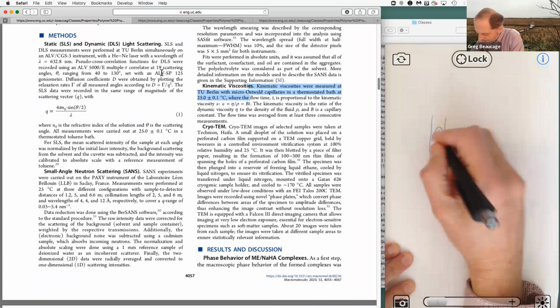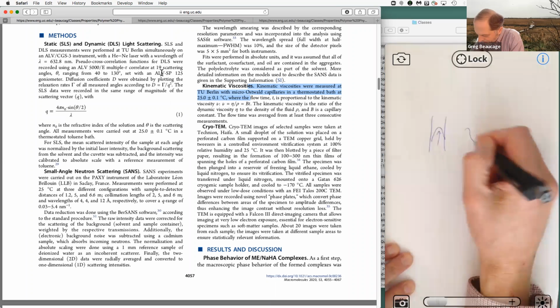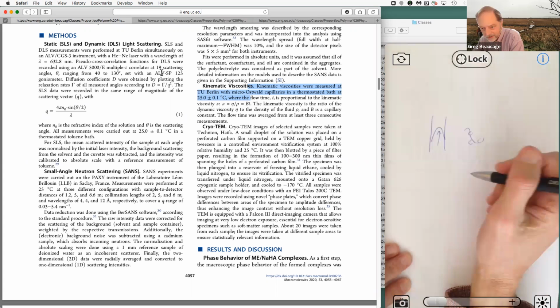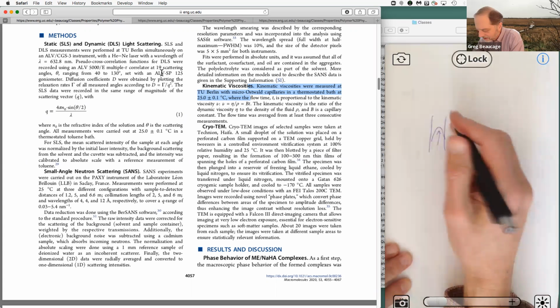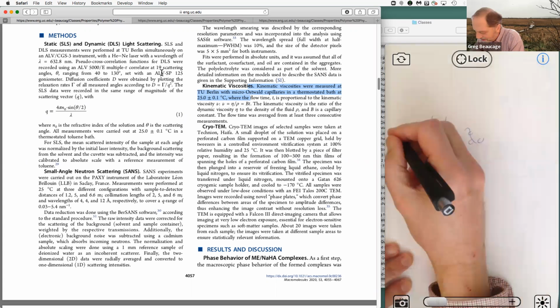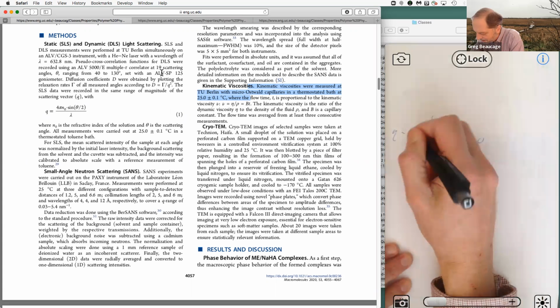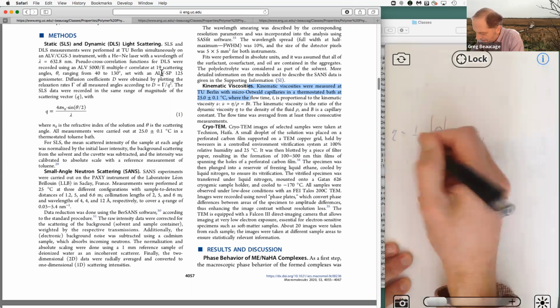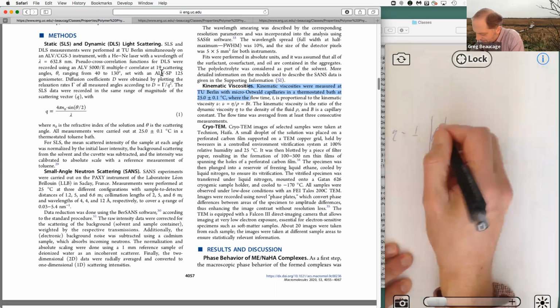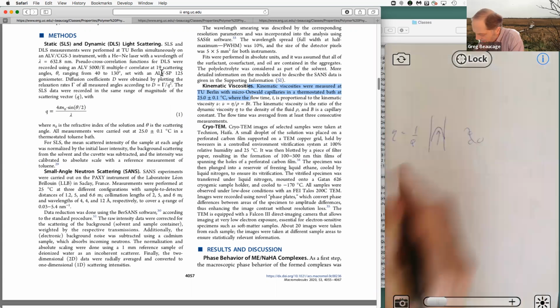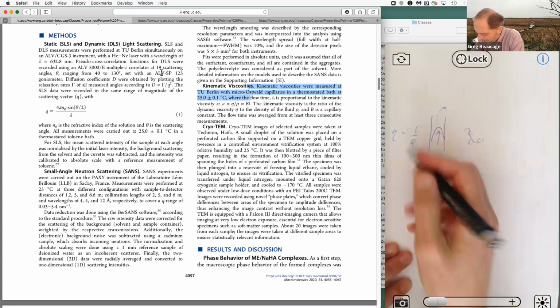So with this complicated system, you'd expect structure to change when you put it under flow. So this isn't exactly the best measurement to do, but nonetheless, that's what he does. So he measures the viscosity of the system, which is proportional to 1 over the amount of material that flows out, the mass, the Q, right? The flow that came out of the system, right? And it's got something to do with the temperature.